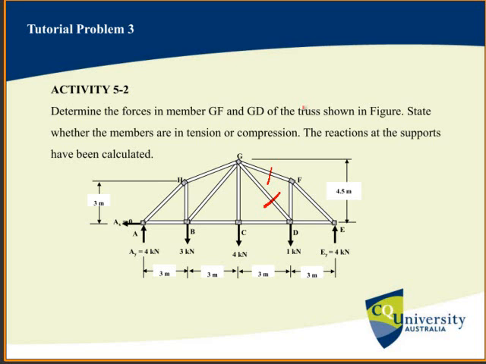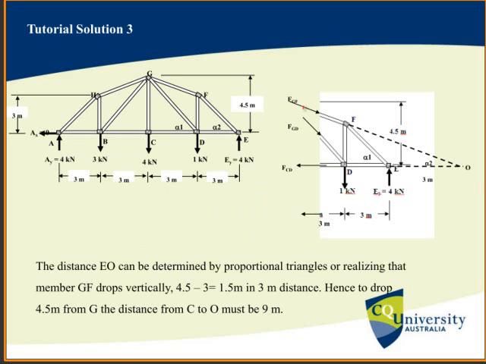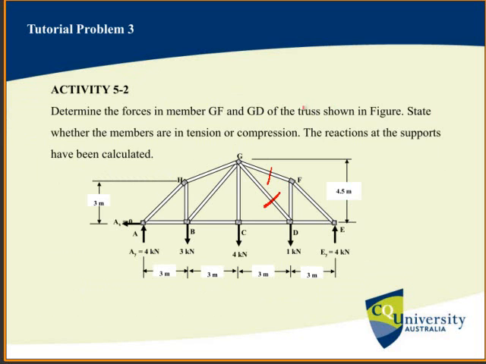The reactions at supports have been calculated. Now let's see how we determine this. So from this figure we have to calculate the forces for GC and GD and GF.